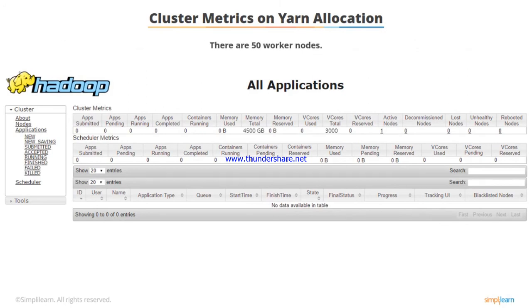Assume there are 50 worker nodes. Yarn-related configuration properties: yarn.nodemanager.resource.memory-mb is 90000 and yarn.nodemanager.resource.vcores is 60.